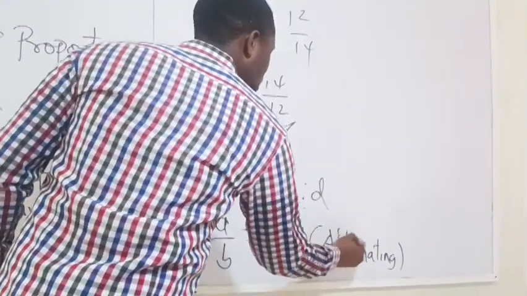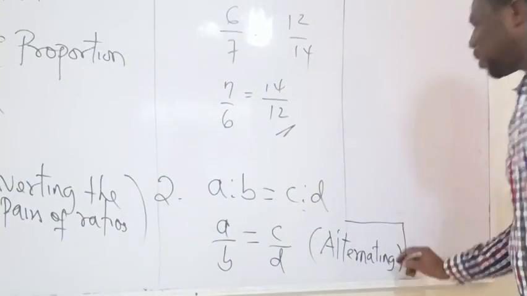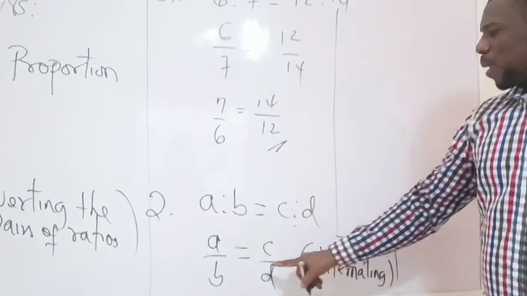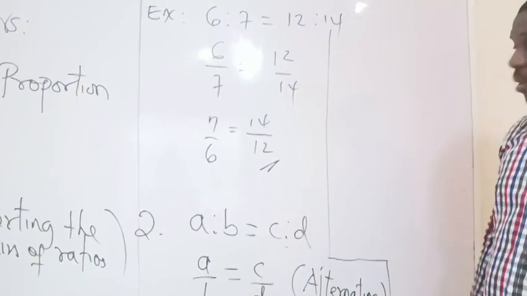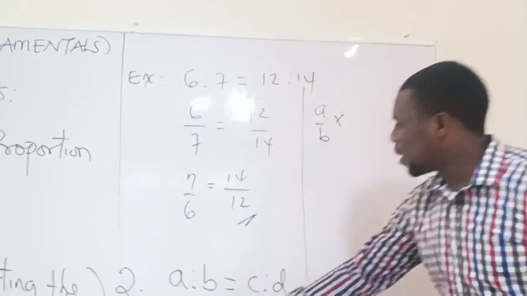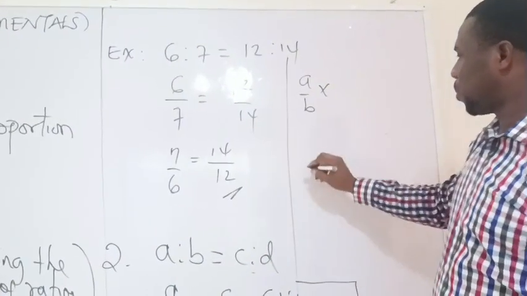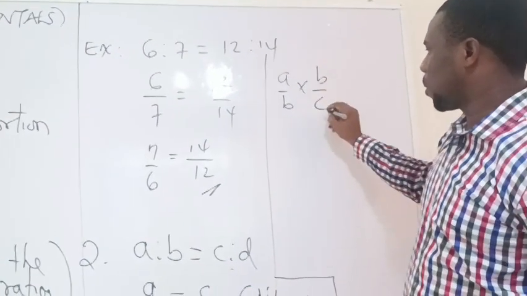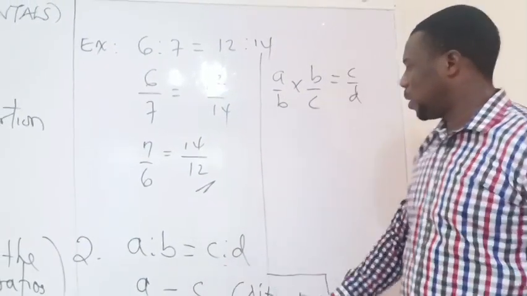I could multiply each of these pair of ratios by B over C. So the first ratio is A over B, and I could multiply that by B over C, and this is equal to the second ratio, C over D, multiplied by B over C.